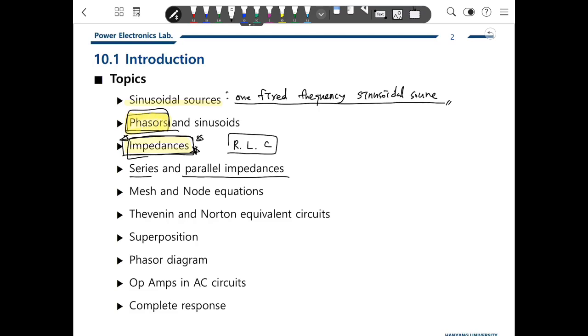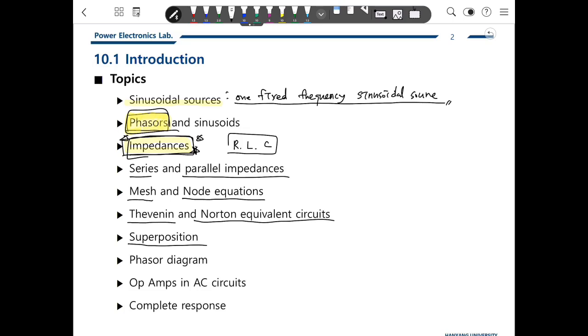As we studied in the time domain, there were the mesh equation and node equation. The same concept of mesh and node equations can be applied in the viewpoint of the phasor. In the same way, you can use the Thevenin or Norton equivalent circuit, and we can also use superposition.